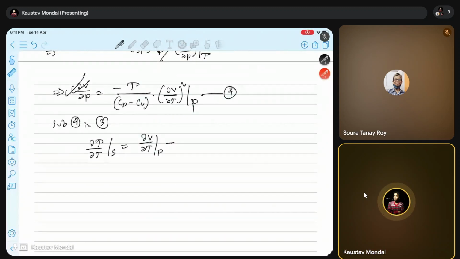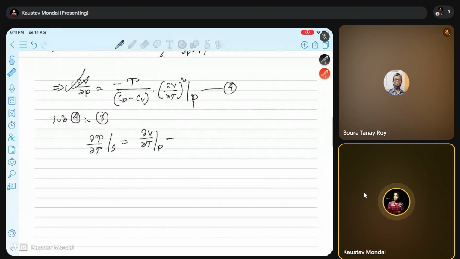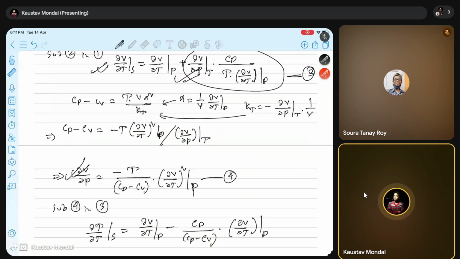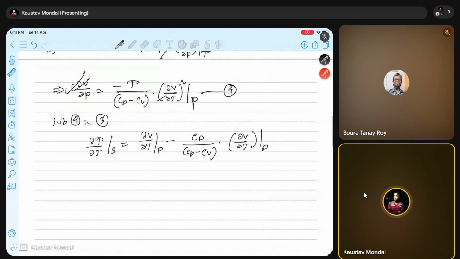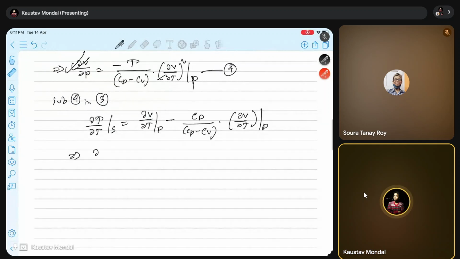T will cancel, so it will become Cp by (Cp minus Cv) into del V/del T at constant P. Since del V/del T square is there and there is also del V/del T, one term will be cancelled, so only del V/del T at constant P remains. Now you can take del V/del T at constant P as common, so it will become 1 minus Cp by (Cp minus Cv).